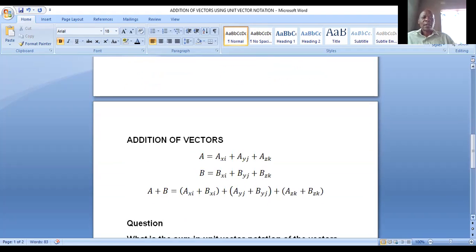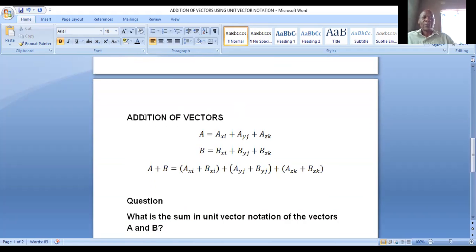And so at times we interact with problems where we have to add vectors. And so we are going now to discuss how we can add vectors using unit vector notation. For example, if we have a vector A which is represented with some vector representation in x, y, and z, as well as B, for the addition of vector A to B, we just see the corresponding vectors for each axis, and you add them.